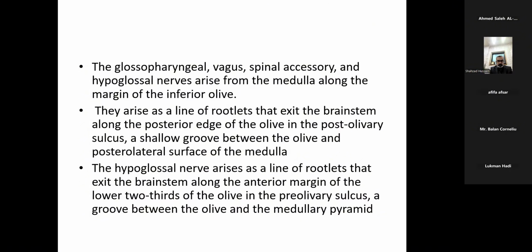The hypoglossal nerve tends to exit from the lower 2/3 of the olives, and it tends to arise from the pre-olivary sulcus, which is present between the olives and the medullary pyramids. Whereas the 9th, 10th, and 11th nerves tend to arise from the post-olivary sulcus, which is a groove between the posterolateral surface of the medulla and the olives.